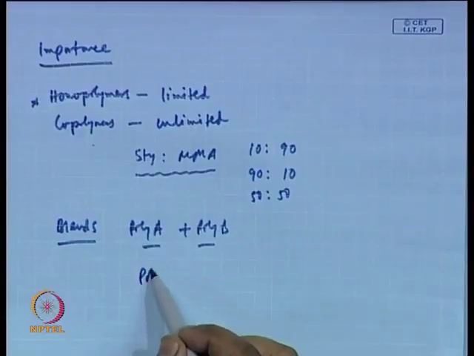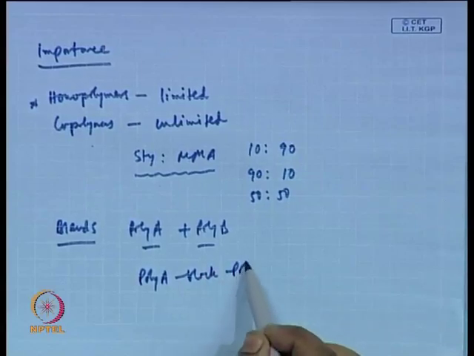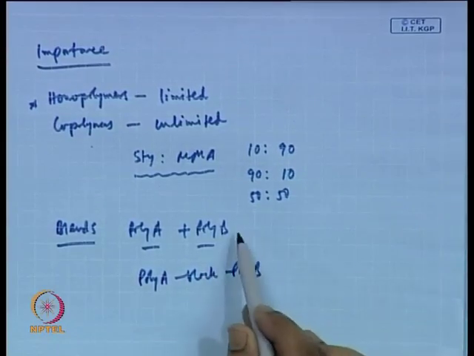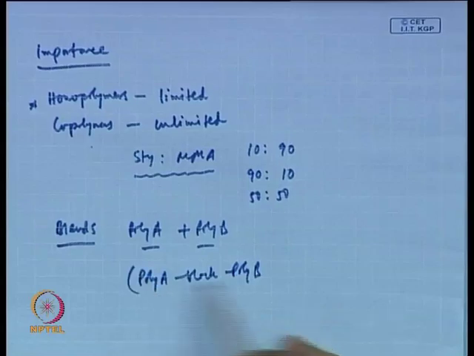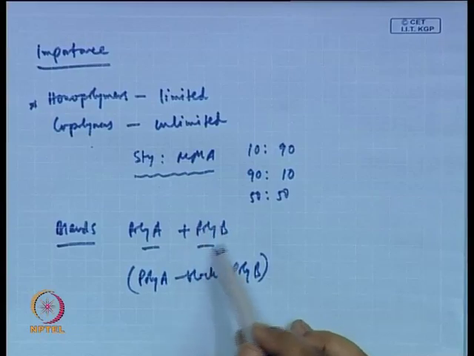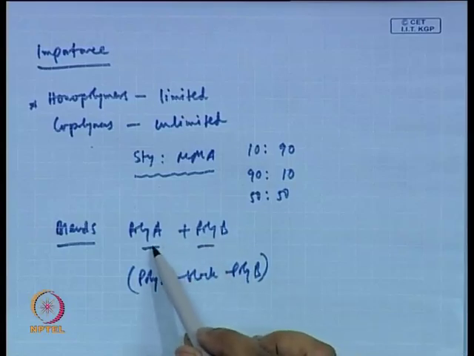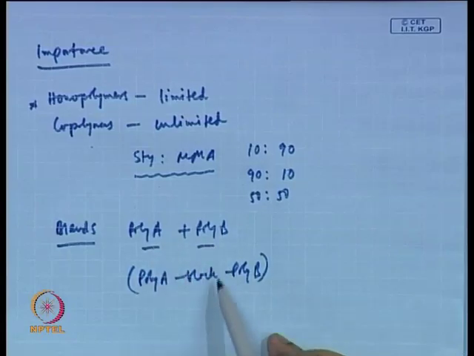And to do that, you need copolymers. In this case, if you have a poly A and poly B block copolymer, then you can use this block copolymer as a compatibilizer between poly A and poly B, and by doing this you can improve the property of the blend of poly A and poly B. So, what does it mean?